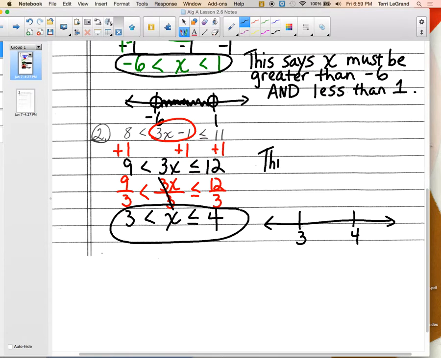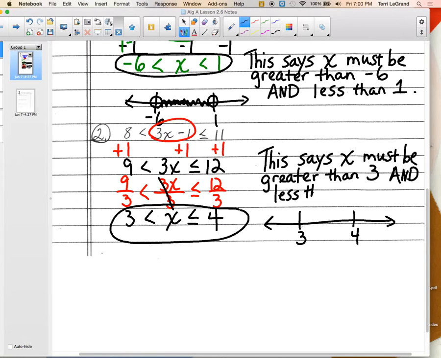Reading it from the inside out, this says x must be greater than 3 and, because it's in the middle between the two of them, less than or equal to that 4. x must be greater than 3 and less than or equal to 4.